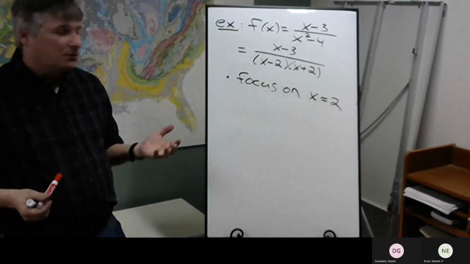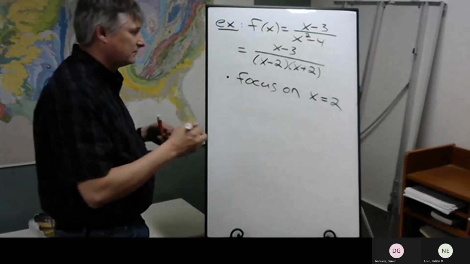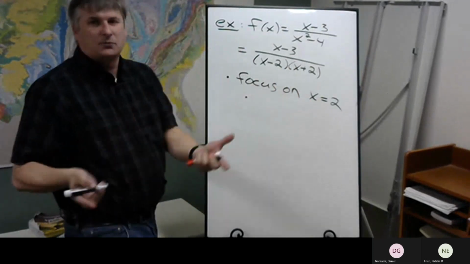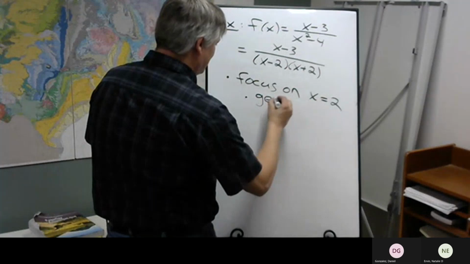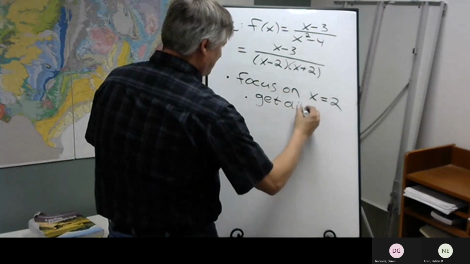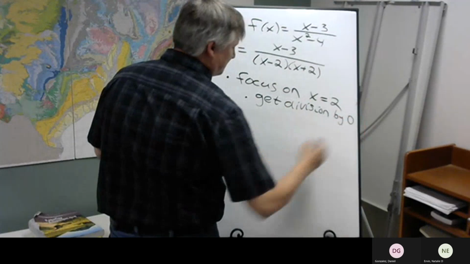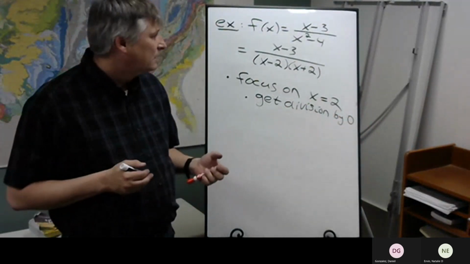So for x equals 2, we've got a problem. We're going to get a division by 0. And we'll get the same for negative 2, but just for the example, we're going to skip it for now. So this is going to be problematic.